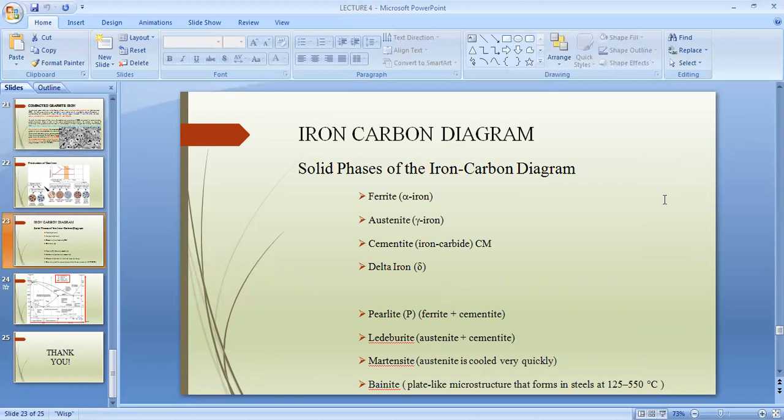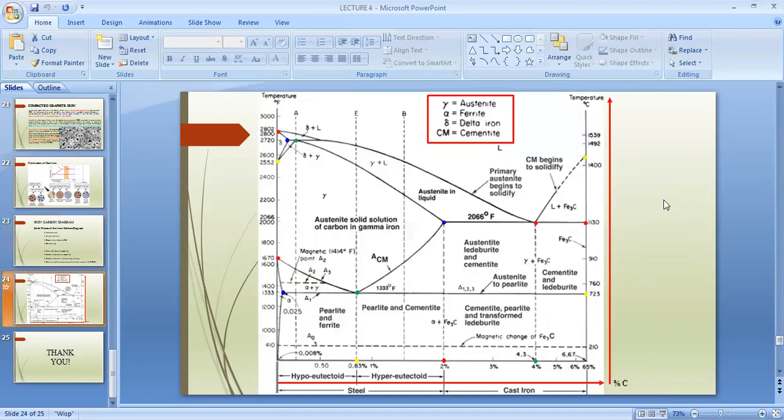So just look at the figure here, which is the iron carbide diagram, as we call it. On the y-axis you can see the temperature range, and on the x-axis you can see the percentage of carbon, the mass of carbon. Up to 2% it is represented as steel, and if it's more than 2.1%, we consider it more brittle.